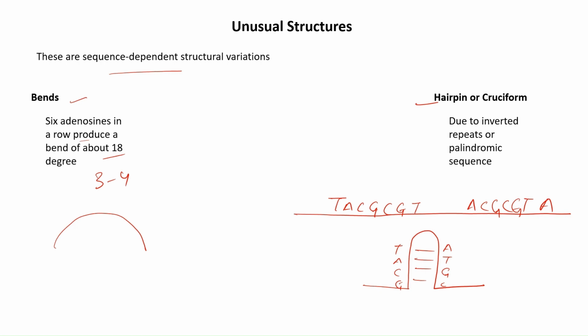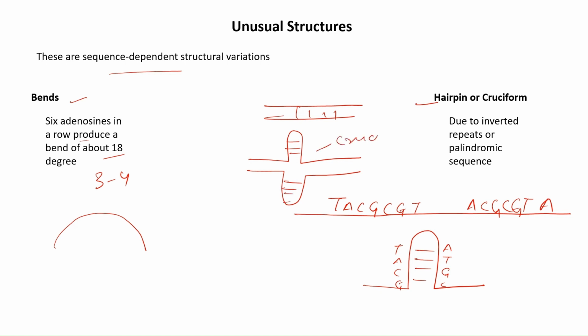Now when this happens in double-stranded DNA, each strand, because of the inverted repeat, is paired among itself. This structure is known as cruciform. If it is in one strand, we call it a hairpin.